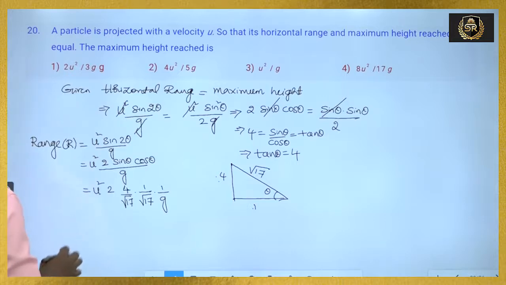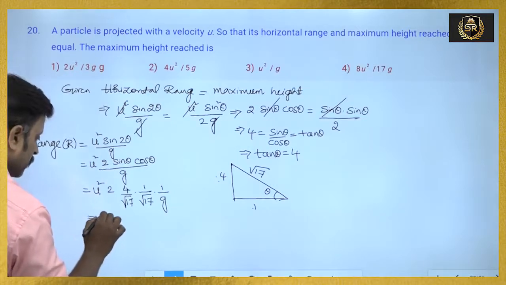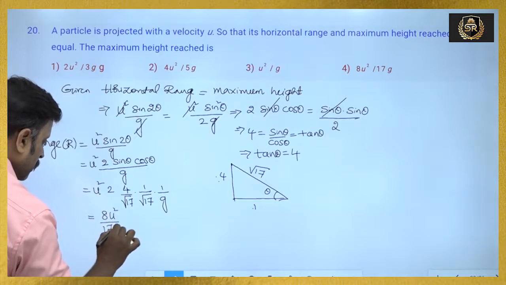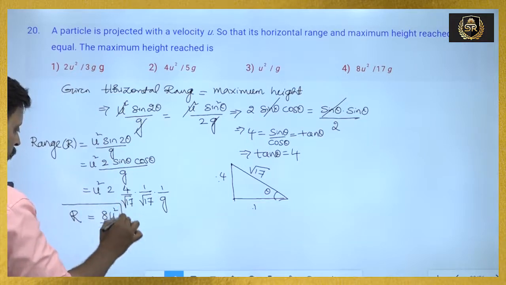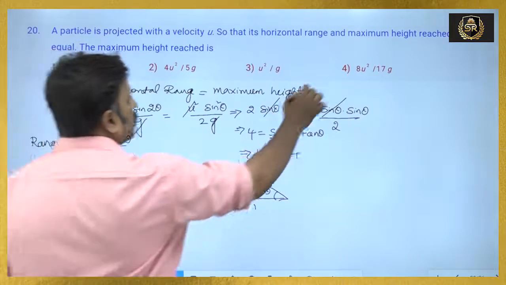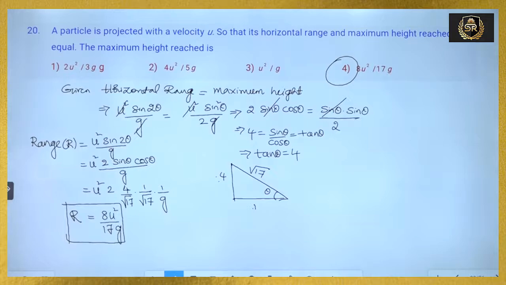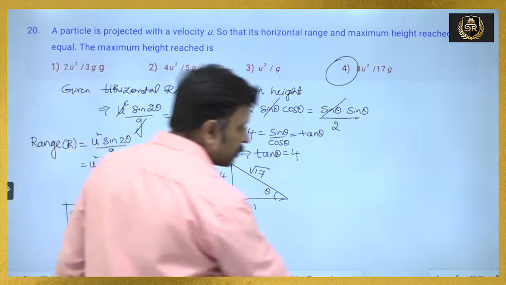So how much are you getting? 2 into 4, 8. 8 u square by 17g I am getting as the range. Okay, 8 u square by 17g. So the fourth option is correct, right? Next.